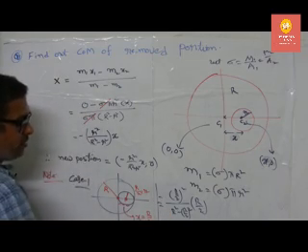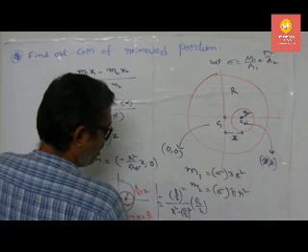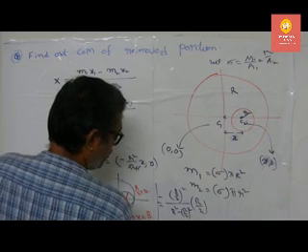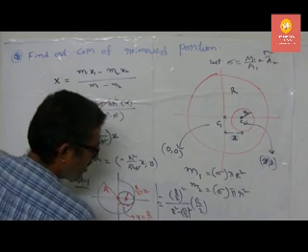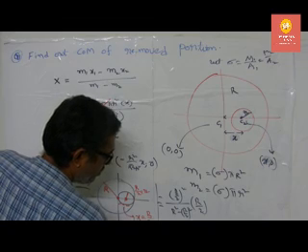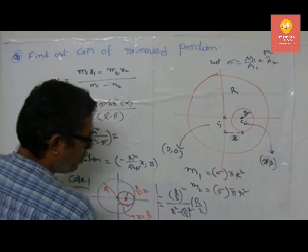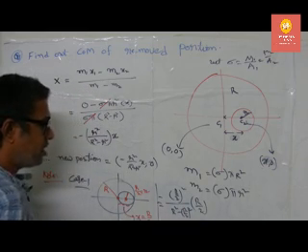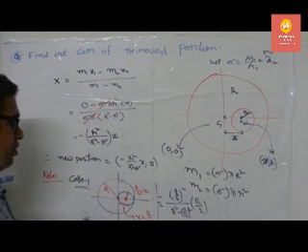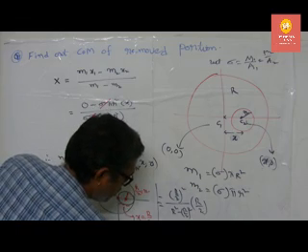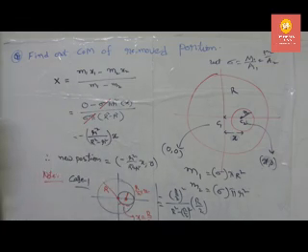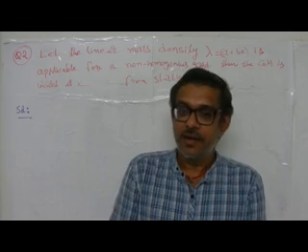So R square by 4 divided by 3 by 4 R square into R by 2. Now the like terms, R square by 4, cancel. Therefore, minus R by 6 is the final answer for that. Consider the next question.